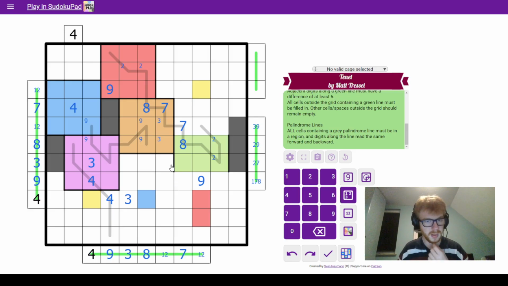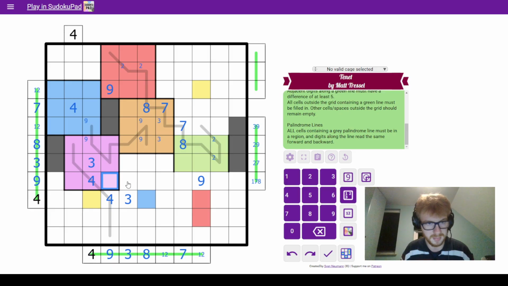That could still be 3. Yeah, that could still be 3. And that could be 3, and then that's 3. 7 or 8. 9, and that's 8.